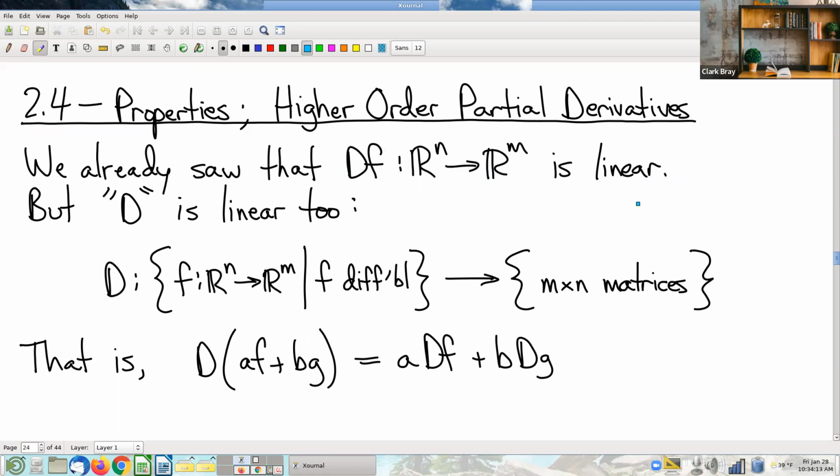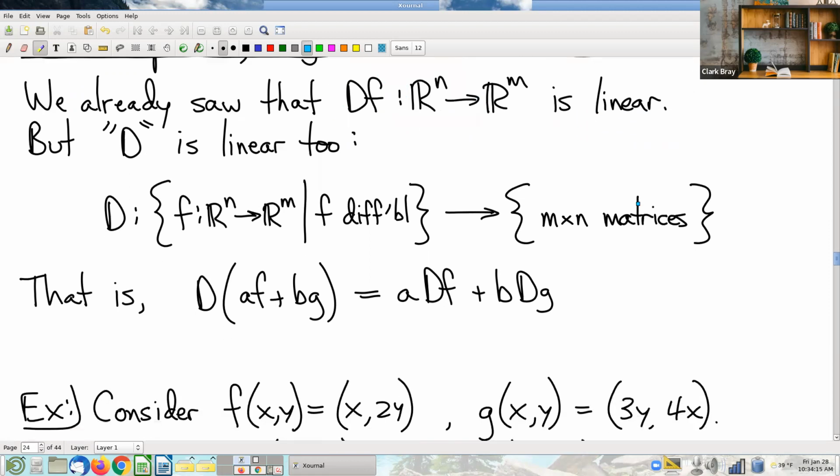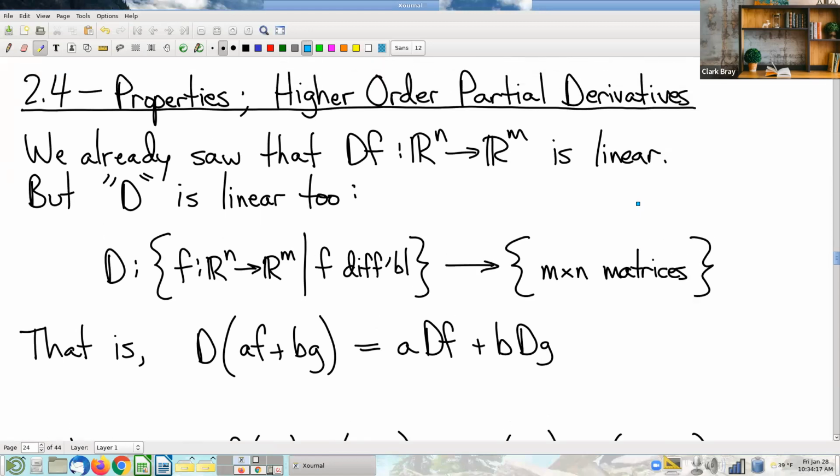So the observation being made in the book that I'm going to explain is that while df is linear, d by itself is also linear. So let's think about what d does. D acts on a function.